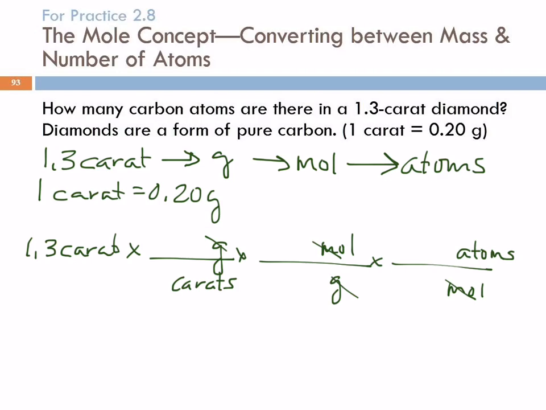And make sure that they actually cancel out, and not just that you wish they canceled out. One carat equals 0.20 grams. They gave that to us because that's a weird conversion factor that nobody remembers. So 1 carat, 0.20 grams.